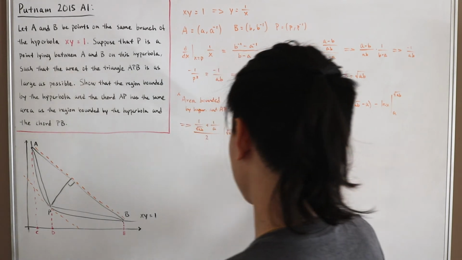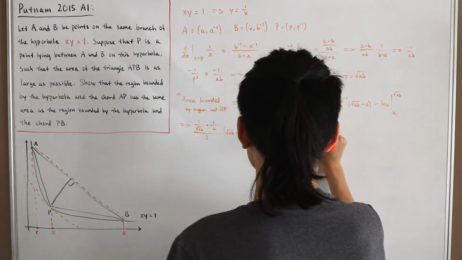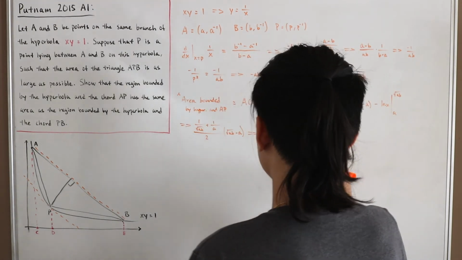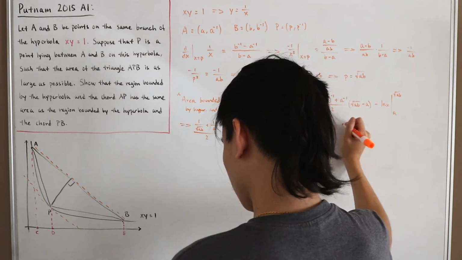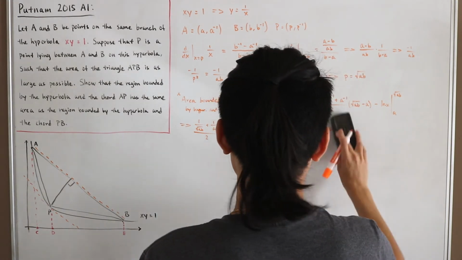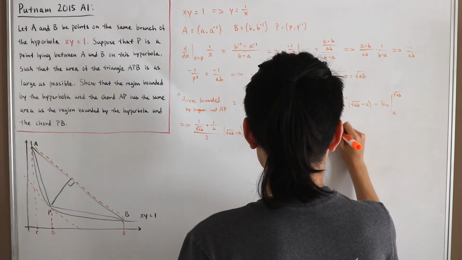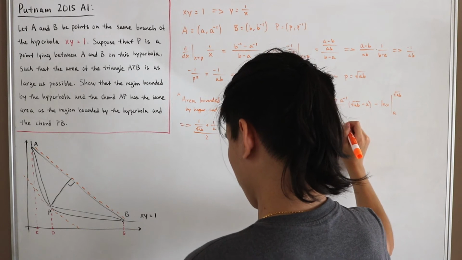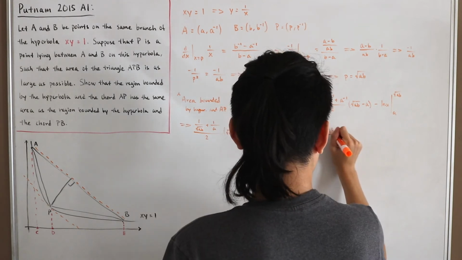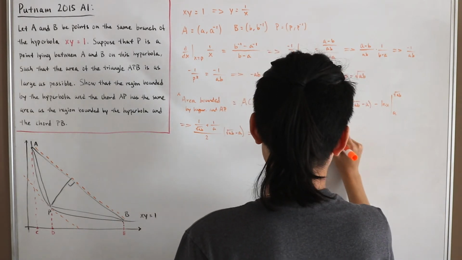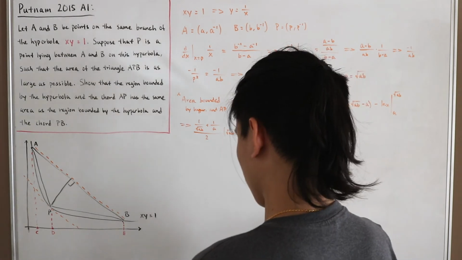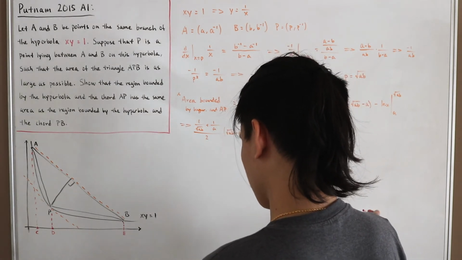So you see over here, when we do the multiplication, this is actually just a difference of squares. Then we get AB as the first term, then subtract A squared. And I divide this by 2A times the square root of AB.